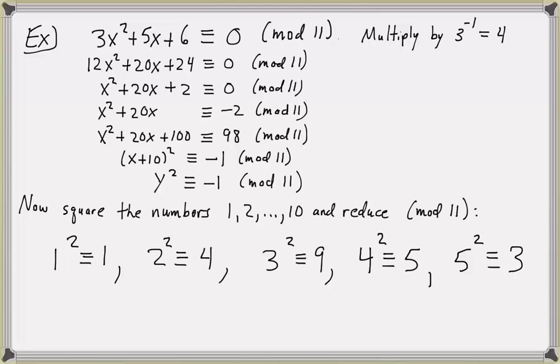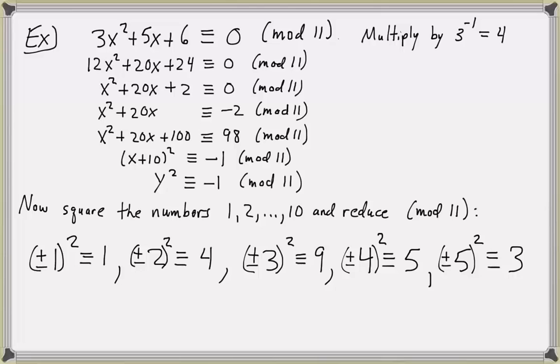So if I change these all to plus or minus 1, plus or minus 2, plus or minus 3, plus or minus 4, and plus or minus 5, then I've squared all the residues 1 through 10 mod 11.